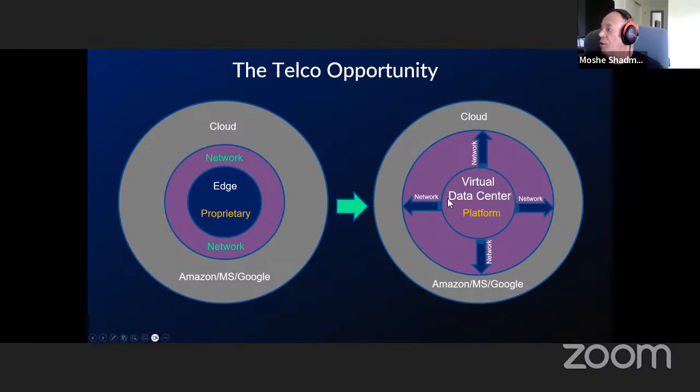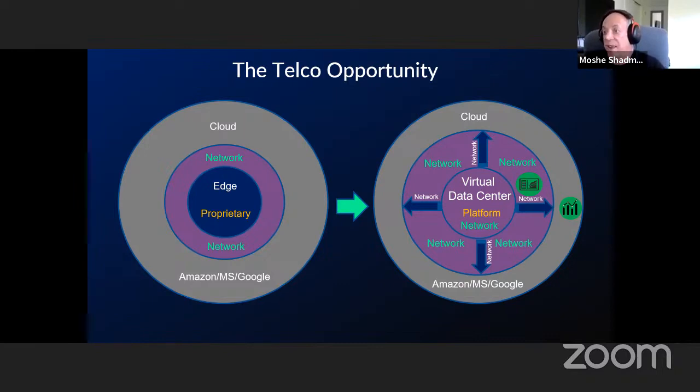Now the telco is playing not only as a connector or a pipe between the edge and the cloud, but it is also someone that brings a platform. And when we talk about edge data, or data that remains at the edge, it's the network that connects the data with applications.